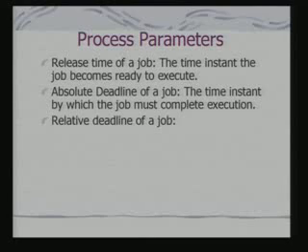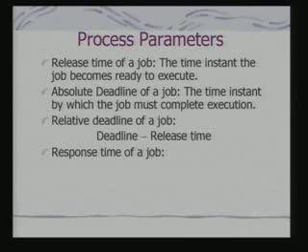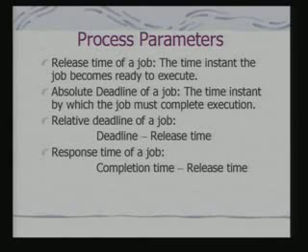What is relative deadline? Relative deadline is the deadline minus the release time. Okay. Then you have the response time of a job. What is response time? The completion time minus the release time. Because this completion time, if I am satisfying the deadline, would be before the deadline or just coincident with the deadline.